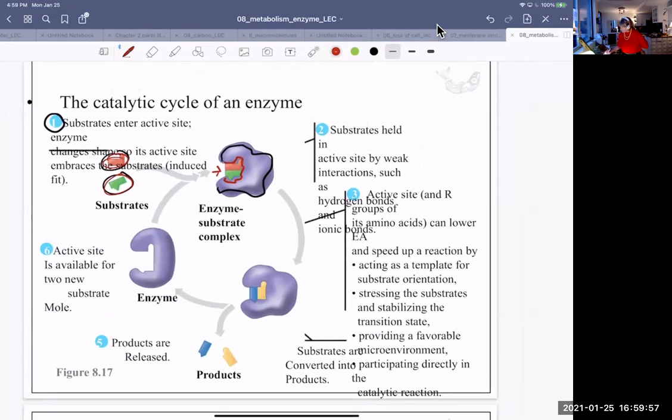They're held in site by weak interactions like hydrogen bonds and van der Waals. Because you don't want the enzyme binding to your substrate and not ever letting go, that wouldn't be any good. So the interaction between the active site and the substrate is quite weak.